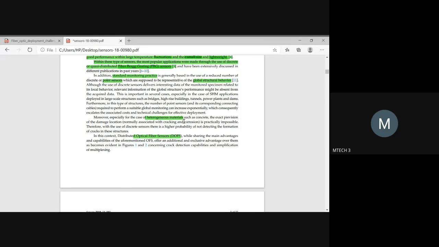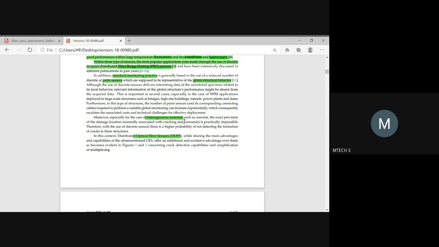So even in the initial stage, if it is not worked properly, these optical fiber sensors will help you identify what problem it is coming across, because they are very sensitive and can identify even a very small crack, and hence optical fibers are used in many civil engineering applications.